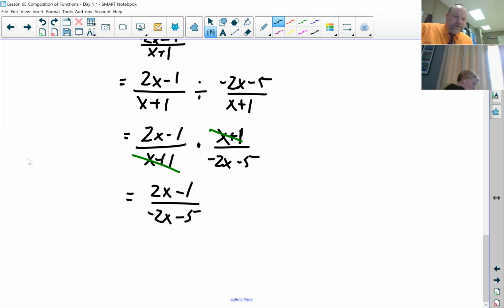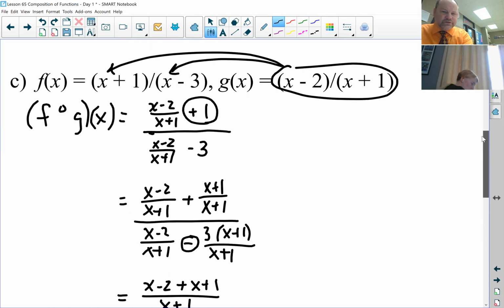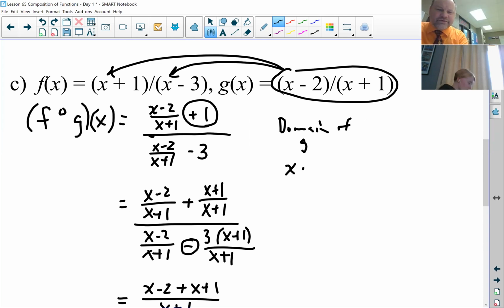Now we need to think about the domain. And I'm going to go all the way back up to my original expression. So for G, the only value that we cannot have is -1.